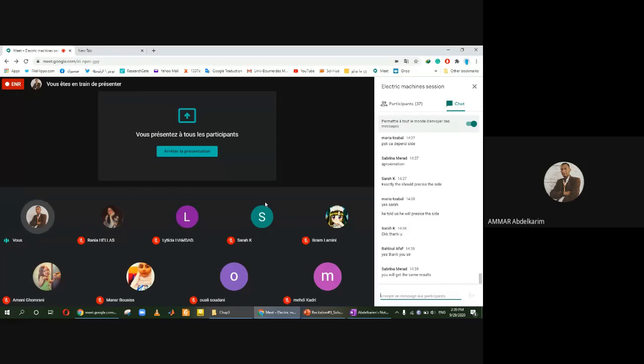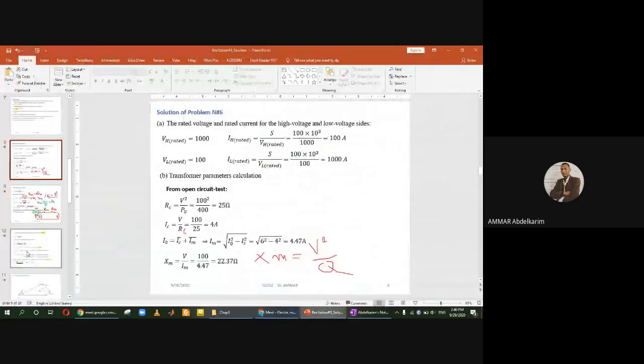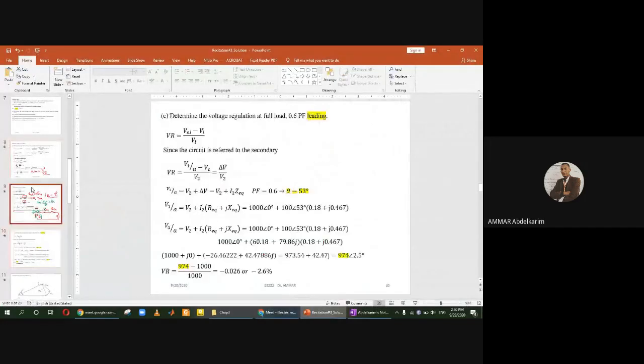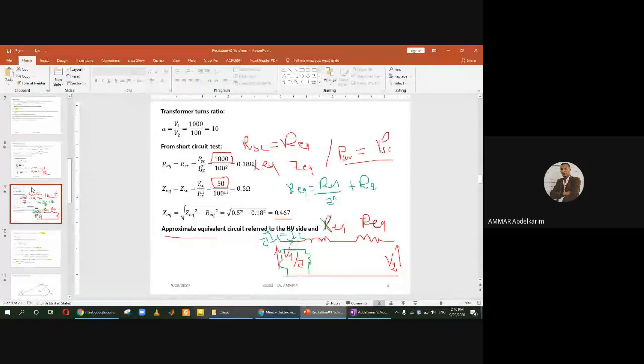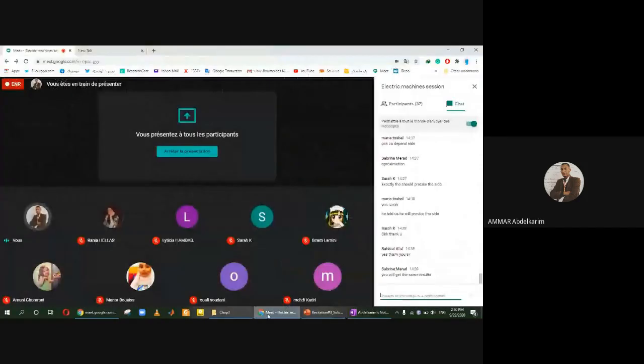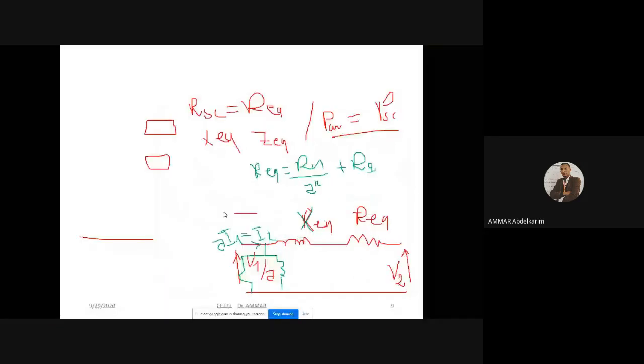But this analysis is the same as the induction motor. Just one thing: in the induction motor we don't have a turns ratio, we have another thing, but everything else is the same. Okay, so I'm going back to the presentation.